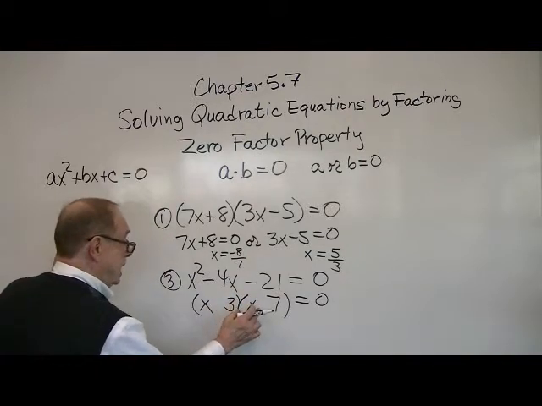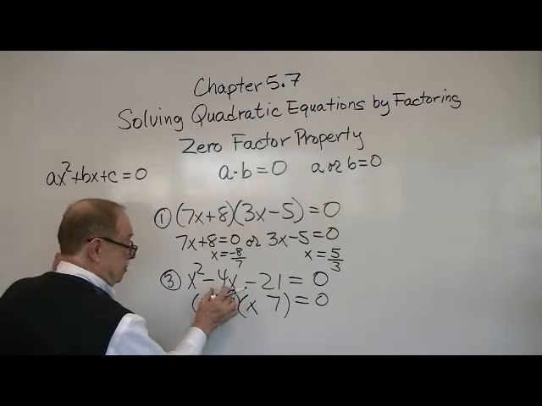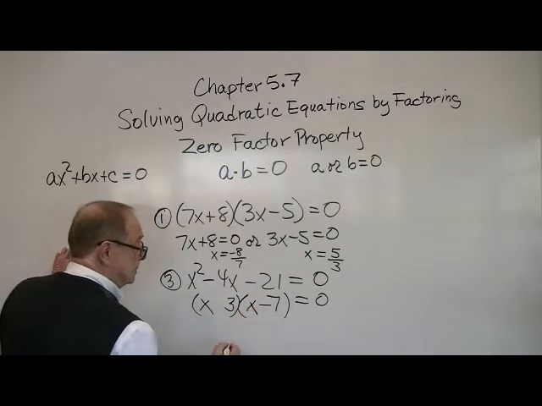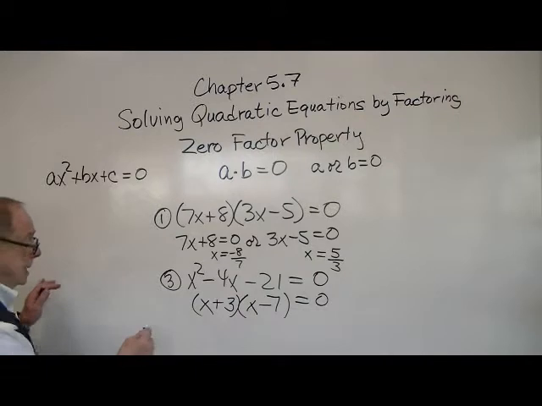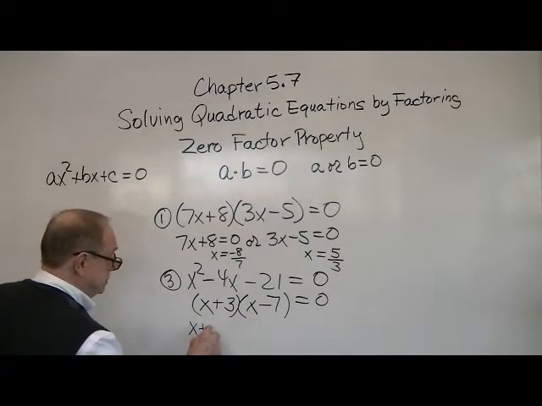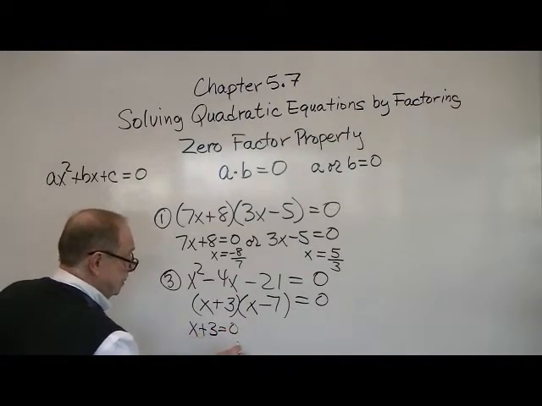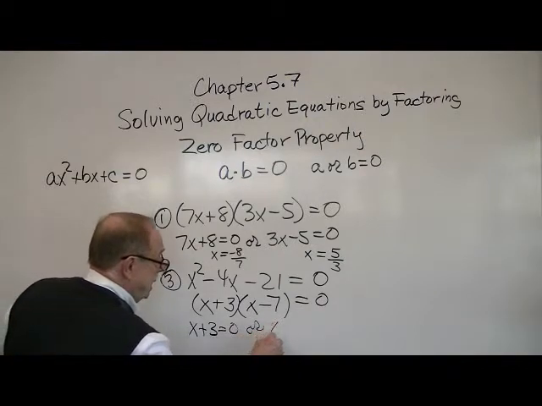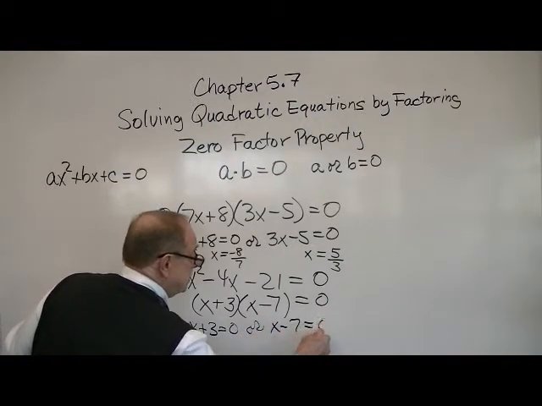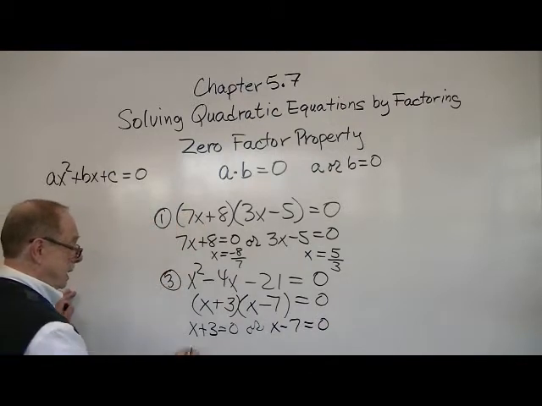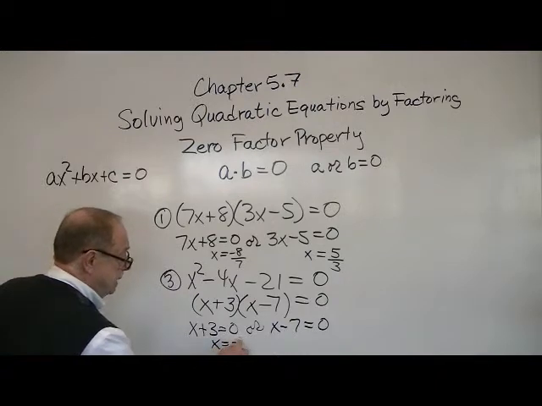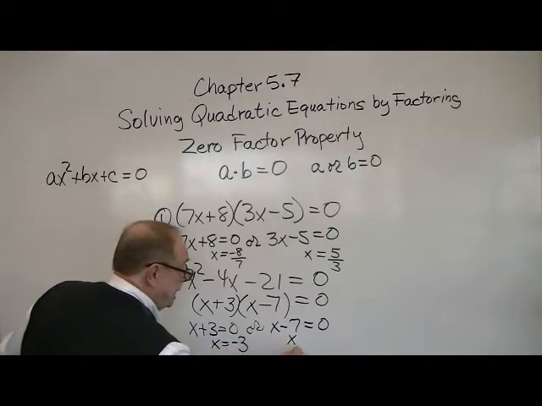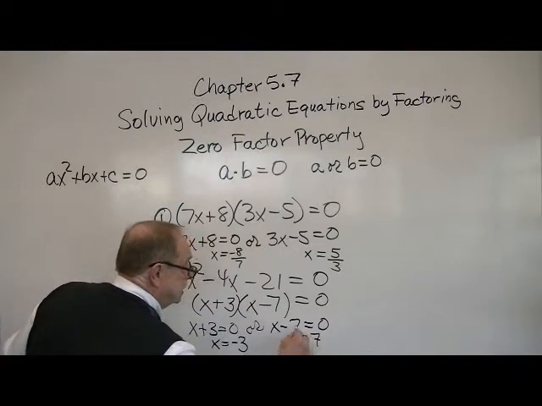And now we want to have our middle term be negative, so in order to have that, this one's negative, this one is positive, and then that last step is that x plus 3 equals 0, or x minus 7 equals 0, and here it's just a matter of transposing. X equals negative 3, x equals 7.